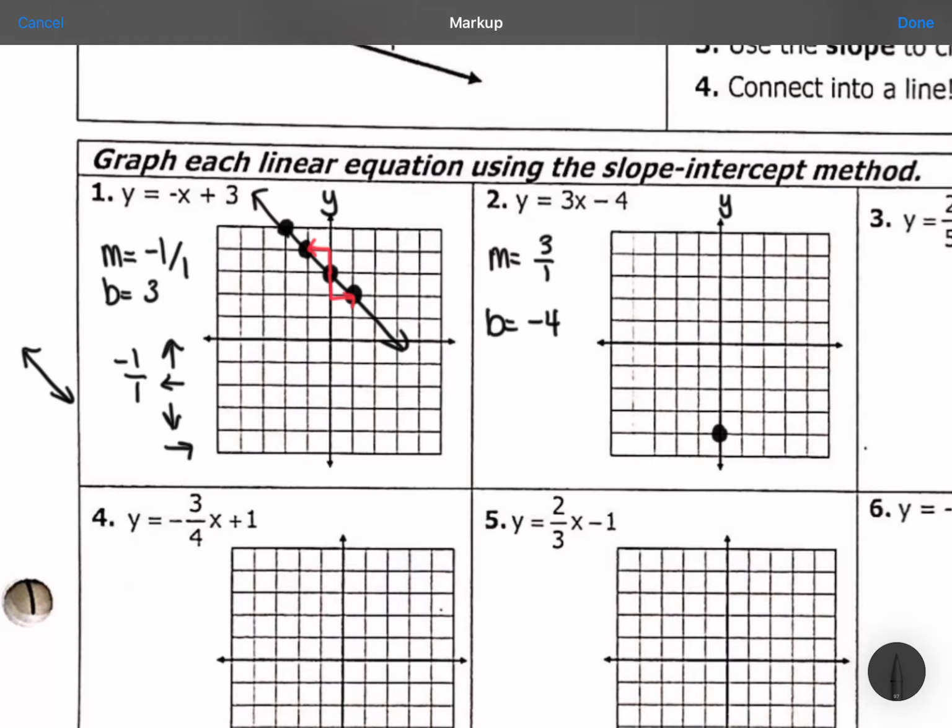All right, from that point, we're going to do our slope, which is 3 over 1. And because it's positive, I'm going to go up 3, and then I'm going to go to the right 1 because it's positive. So up 3, 1, 2, 3, and to the right 1 would take me to this next point here. And again, I could continue to do that, or I can stop with my 2 points and connect. Double check that your slope is positive because that line is positive.